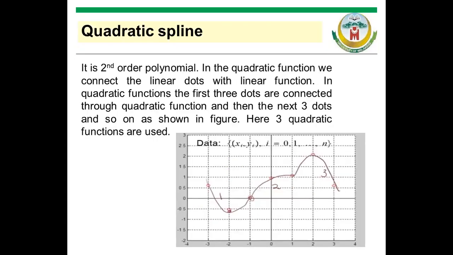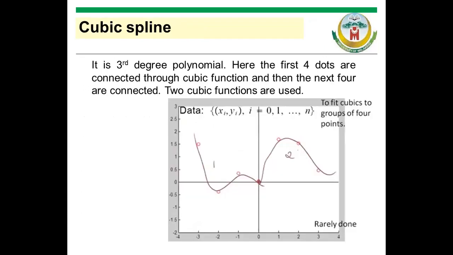Okay, quadratic function. It is a second order polynomial. Here we have a complex function, and now it is divided into quadratic functions. One function is this set of values, another is this set of values, and another is this set of values. So it is divided into 3 quadratic functions.